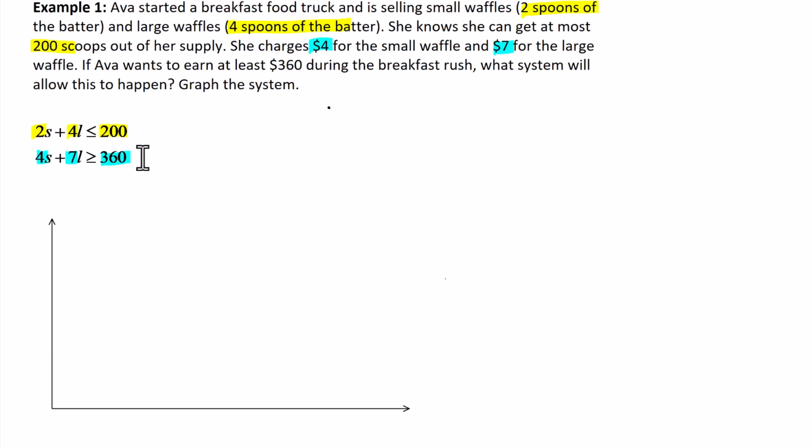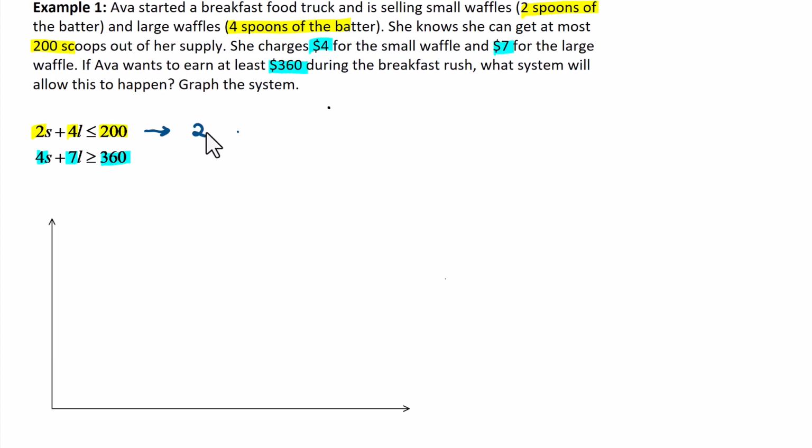So here's the system, and you can see how I'm pulling that information from the given paragraph. And so now I need to convert this to a system I can easily substitute into, say, Desmos.com.